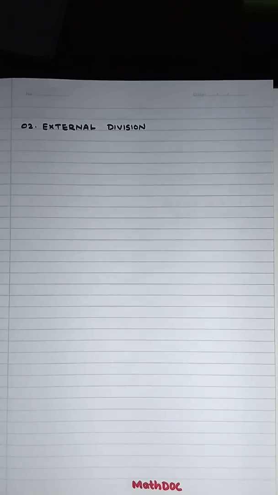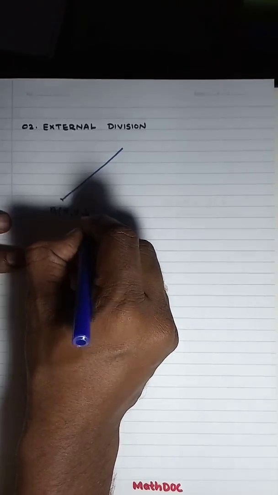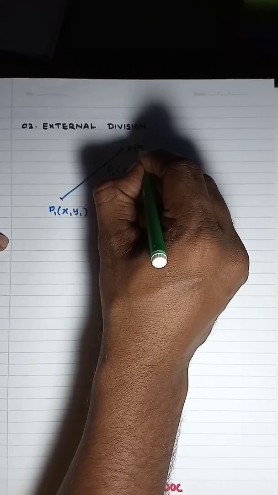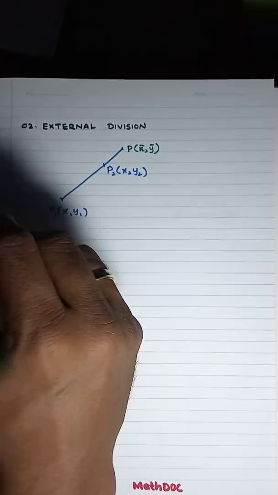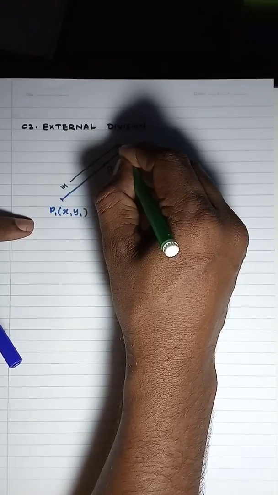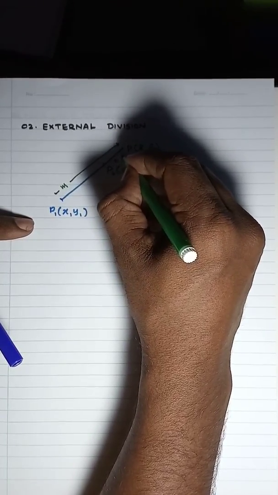Section formula, external division. Consider point P1 given (x1, y1). Here point P2 given (x2, y2), and here this point we are going to find. Take this point P (x bar, y bar). Now the ratios are given: from P1 the ratio m, from P2 the ratio n.